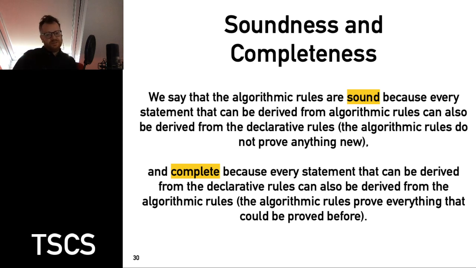And complete because every statement that can be derived from the declarative rules can also be derived from the algorithmic rules. That means that the algorithmic rules prove everything that could be proven before.